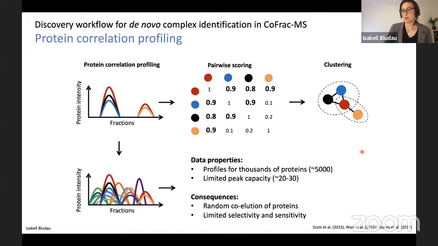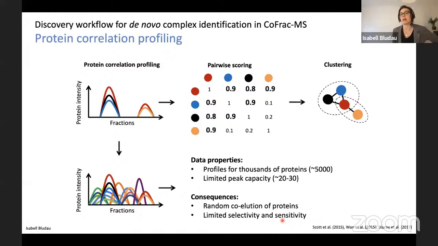Okay, so what I just said is that we have these random coelutions, and we want to increase the sensitivity and selectivity of our analysis.